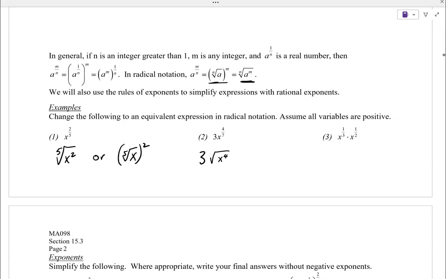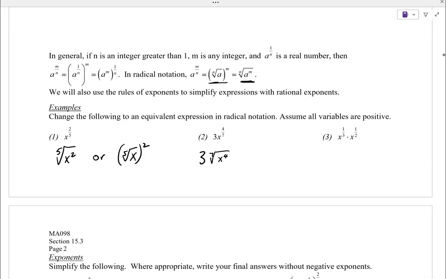Okay, so the x to the 4th is under the radical, and then the 7 is the root, right? So it's the 7th root here. Yep, that's exactly right. So again, the denominator is telling you the root, the numerator is telling you the power.